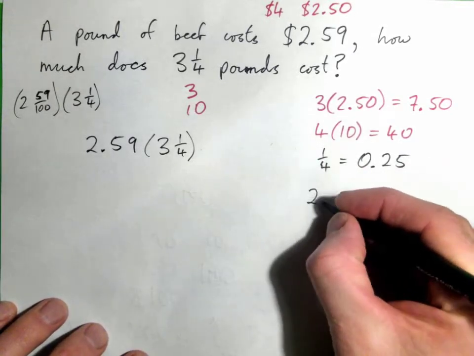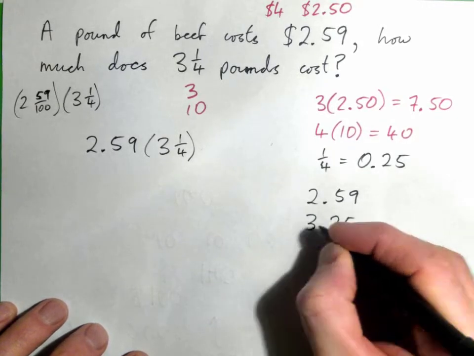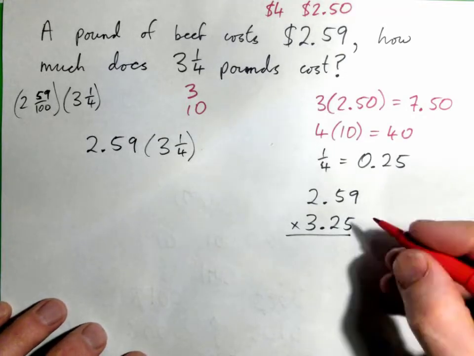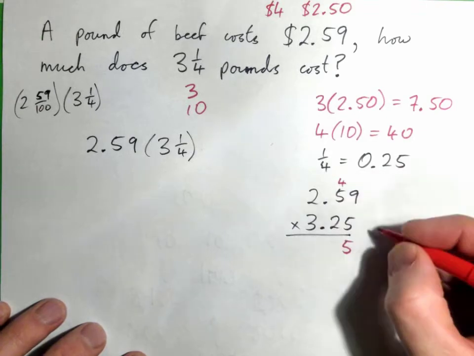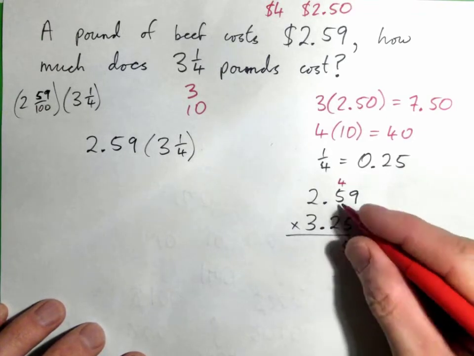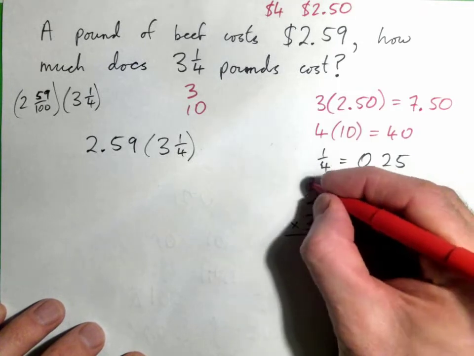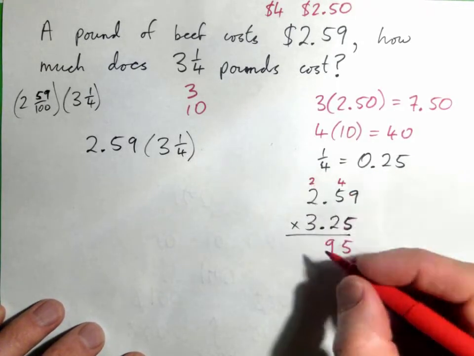So we'll go 259 times 3.25 and multiply those, right? So 5 times 9, 45, carry 4. 5 times 5, 25, and 4, 29, carry 2. 5 times 2 is 10, and 2 is 12.